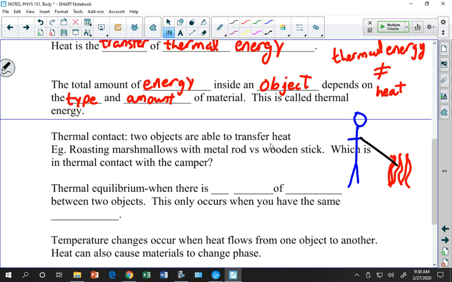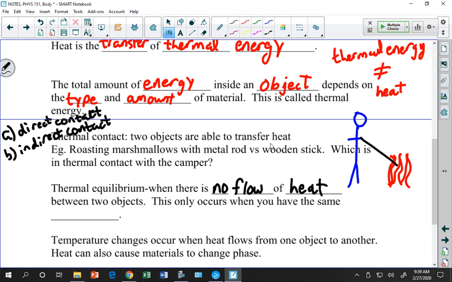So there are two different ways to have thermal contact. You can touch an object directly, or you can touch it indirectly with another object. Either one of those is thermal contact. And thermal equilibrium is when there is no flow of heat between two objects. And this only occurs when you have the same temperature.